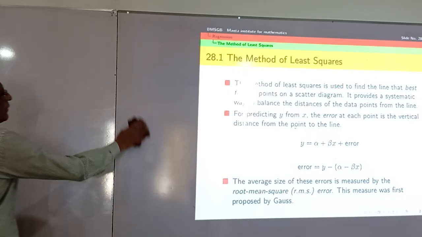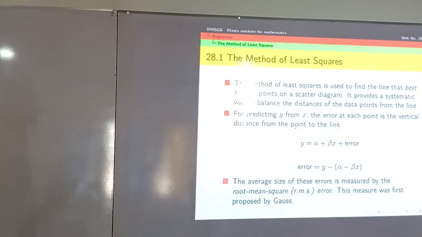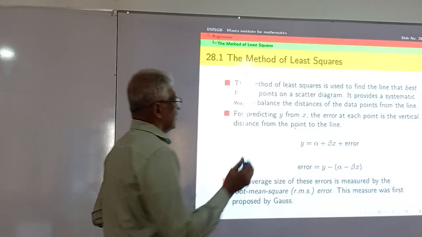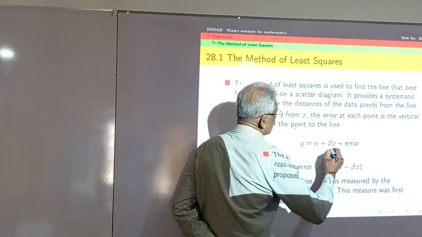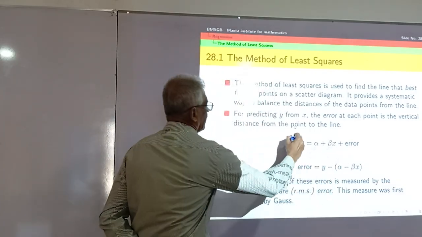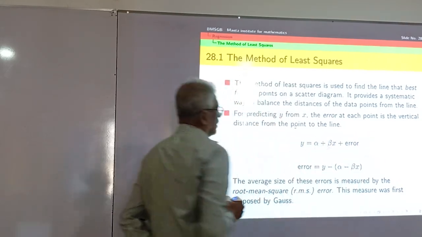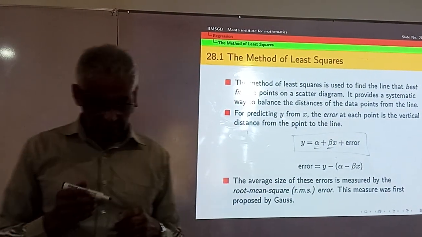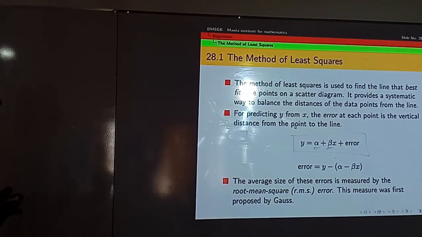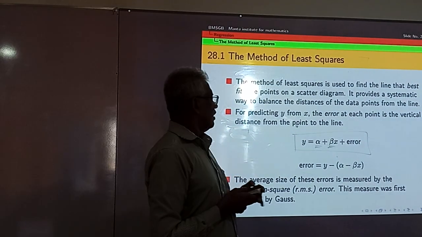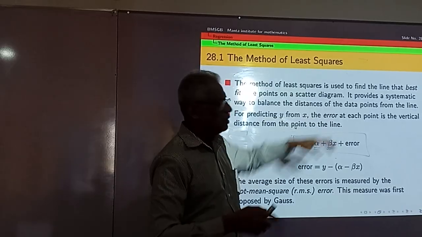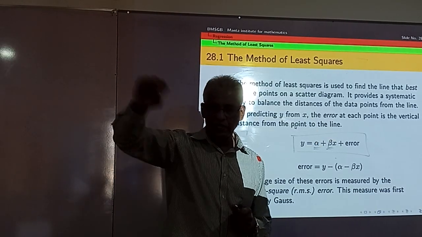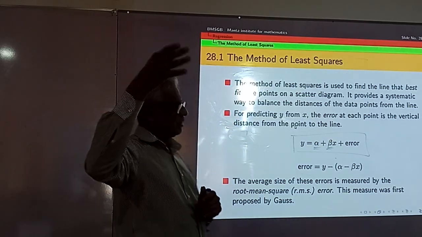There are several methods that people apply to obtain the estimates for this and this, right? So here, this model we have written for the whole population. To consider any xy value in the population, we assume that the y value is equal to a point on some straight line plus or minus some other term.